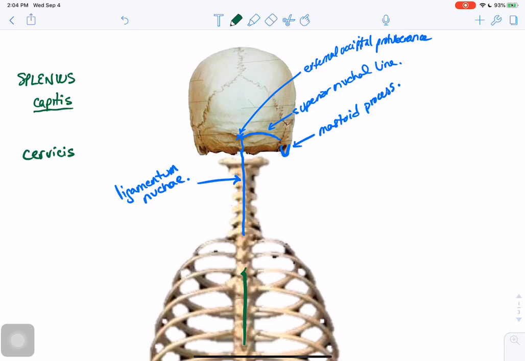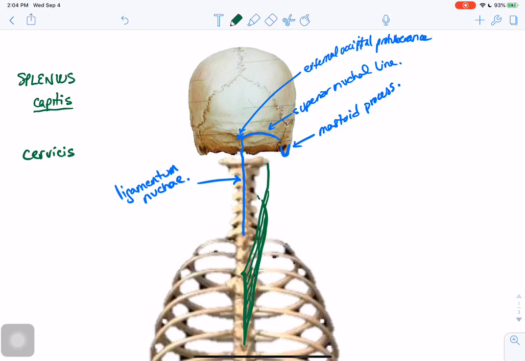So the upper part will go there, and the lower part wraps underneath and goes to there.